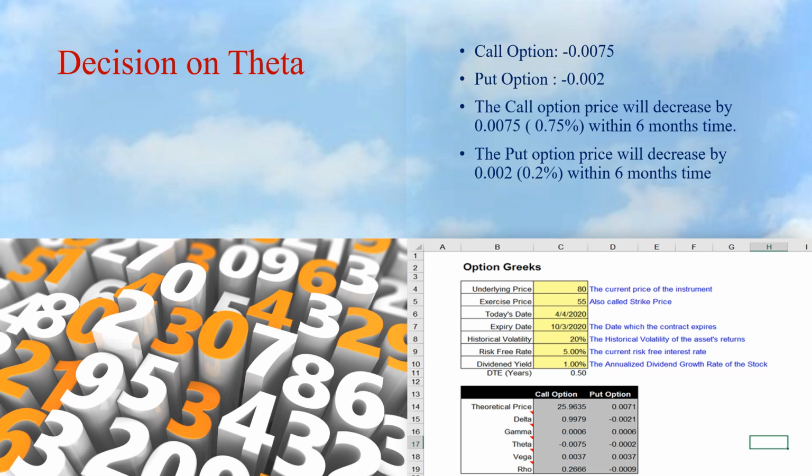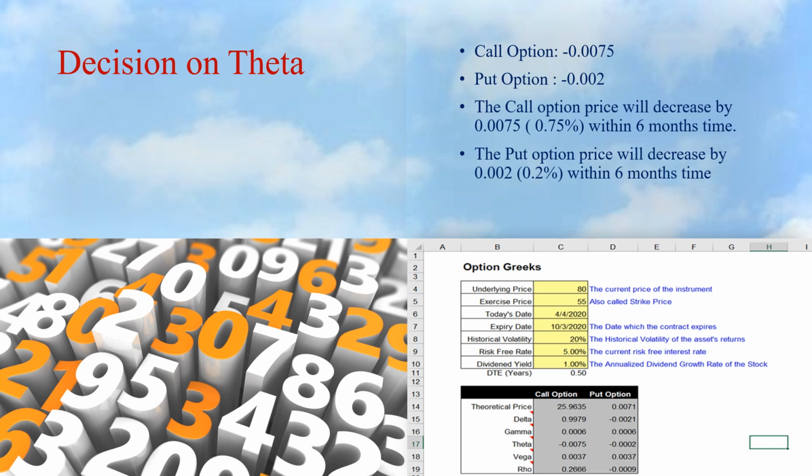Theta, you can see the call option is minus 0.05 and the put option is minus 0.002. That means the call option price will decrease by around 0.75% within 6 months of time, whereas the put option price will decrease by 0.2 within 6 months of time.